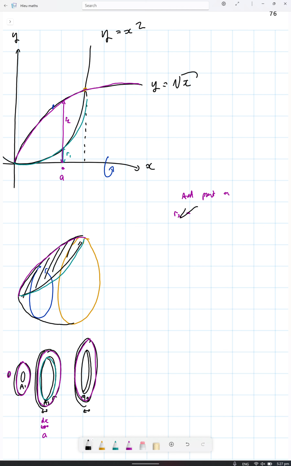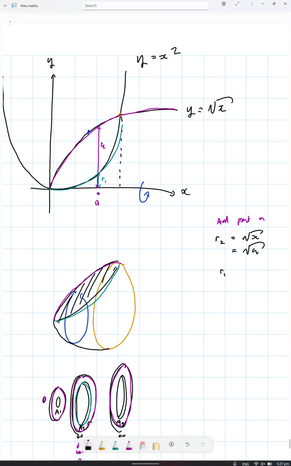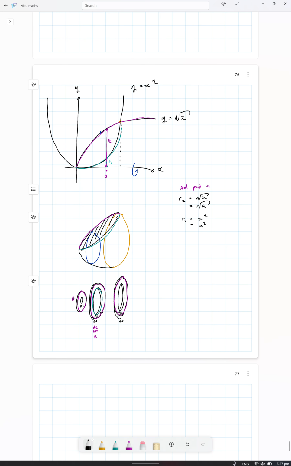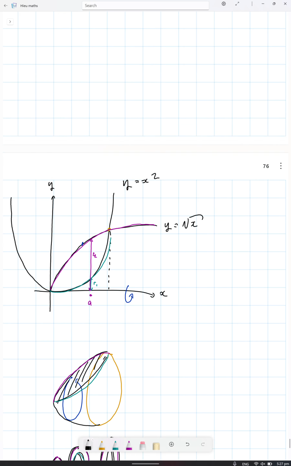Oh wait, no, root x is on top, so R2 is equal to root x, but instead of x, we put an a. So root a. And then R1, which is this line here, is x squared, but then at point A we substitute a in, so a squared. So that's how we find the radius at each point. So now we're going to set up the equation.